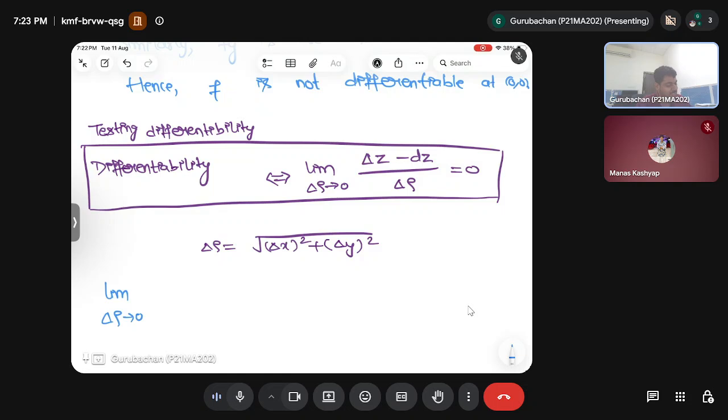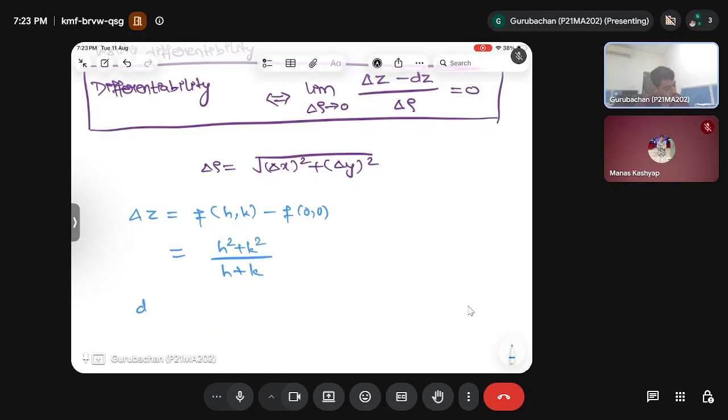So what is delta z? Let us first calculate these values. Delta z is f(h,k) minus f(0,0), because there is a change in h, k. What output will it give? This will give you h square plus k square divided by h plus k, and the other term is 0.